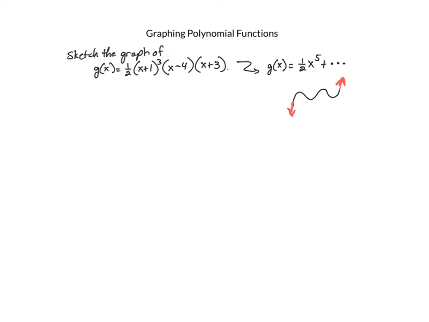Let's start with our zeros. Remember, a constant does not generate a 0, but we have -1 as a 0 with multiplicity 3. 4 is a 0 with multiplicity 1. And a -3 is a 0 with multiplicity 1.